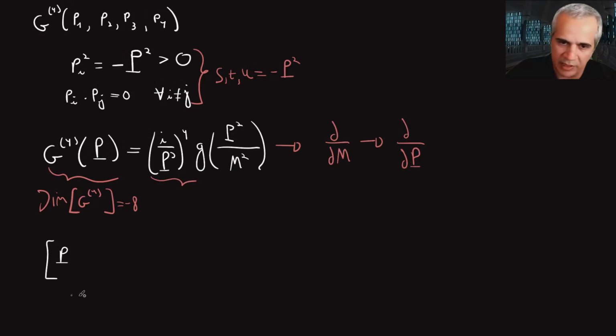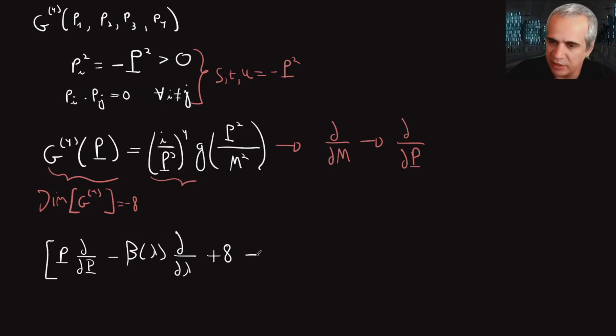Can do it all again, but it's pretty trivial. Now my Callan-Symanzik equation will look like this. Let me write every term. So that's the coupling part. That's the 8 coming from the dimension. And this is the number of external legs times the gamma function. Before we had a 2 here because the dimension was 2.